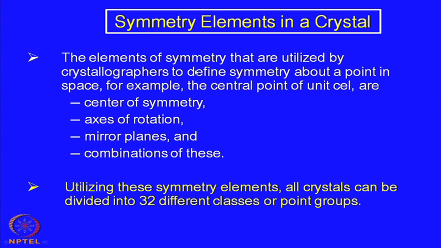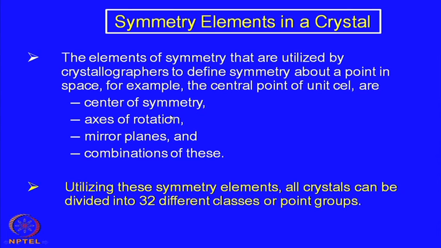The elements of symmetry are utilized by crystallographers to define symmetry about a point in space, for example the central point of the unit cell. So, we can find the symmetry elements in those geometric configurations. There are 4 different ways one can describe the symmetry elements.